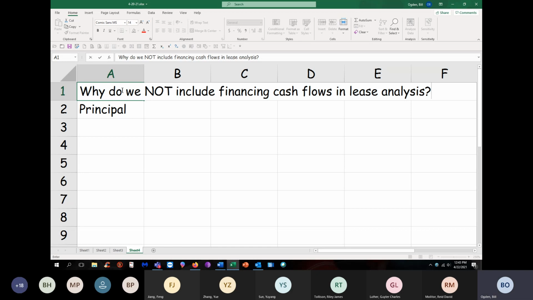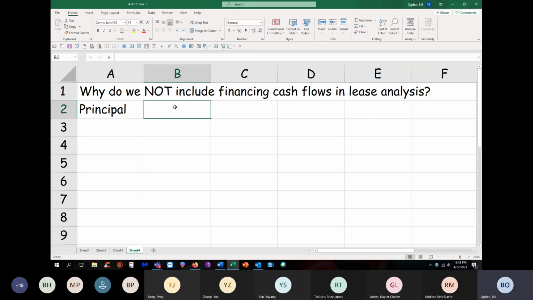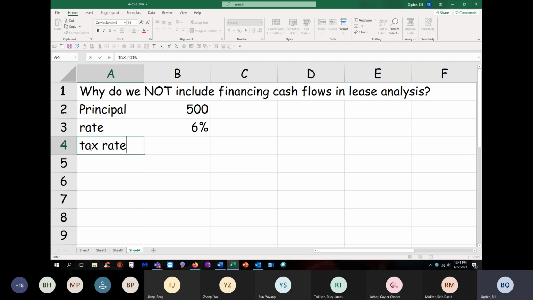Well, let's see, why don't we include these financing cash flows? So let's finance this $500 asset, and then let's use the lessor's rate, and we'll say 6%. And let's keep the tax rate at 21%.